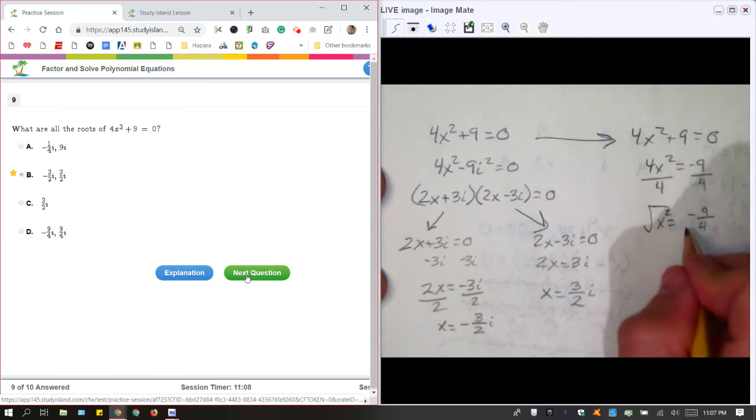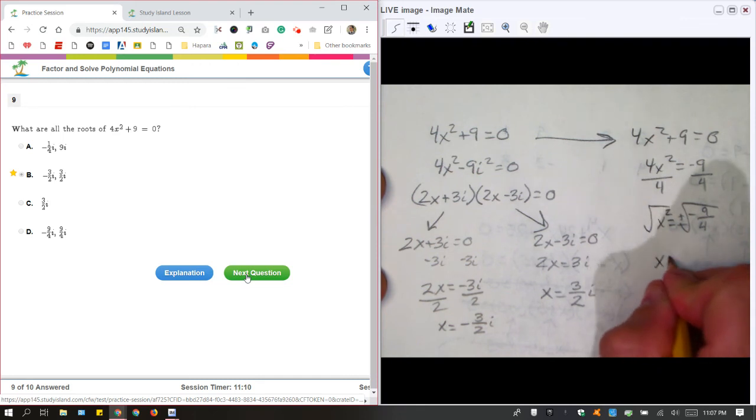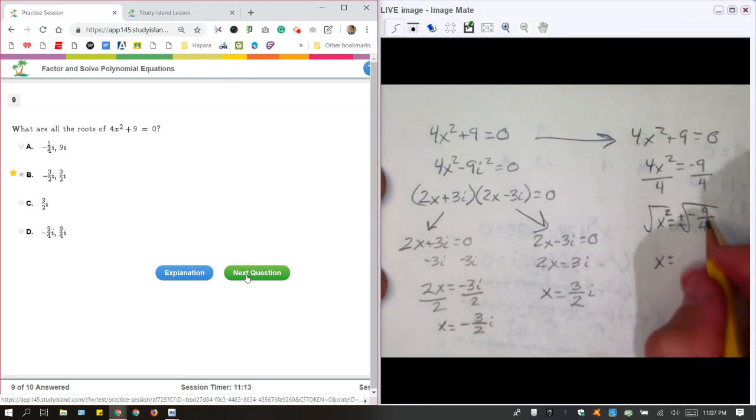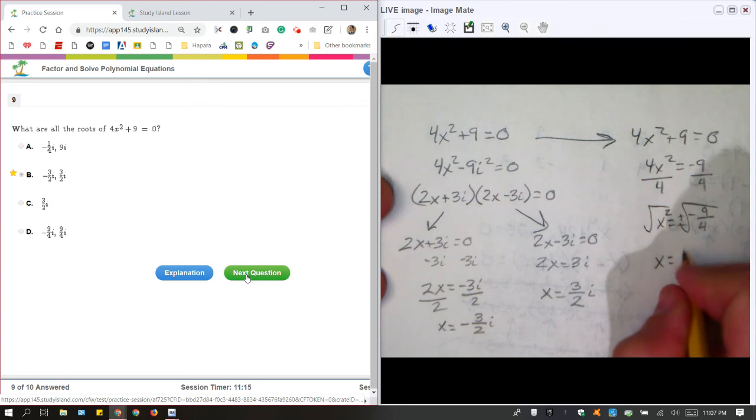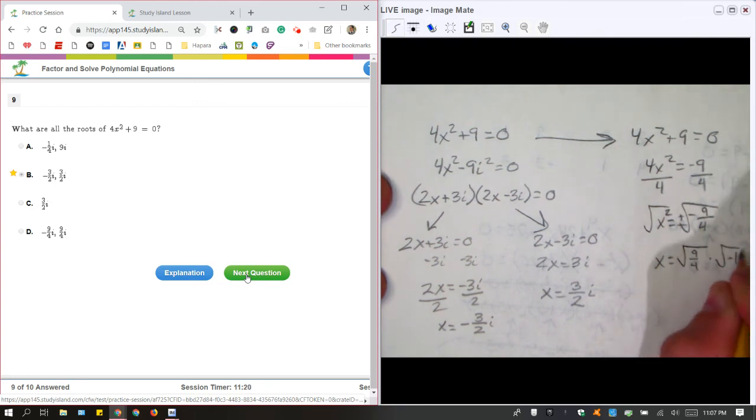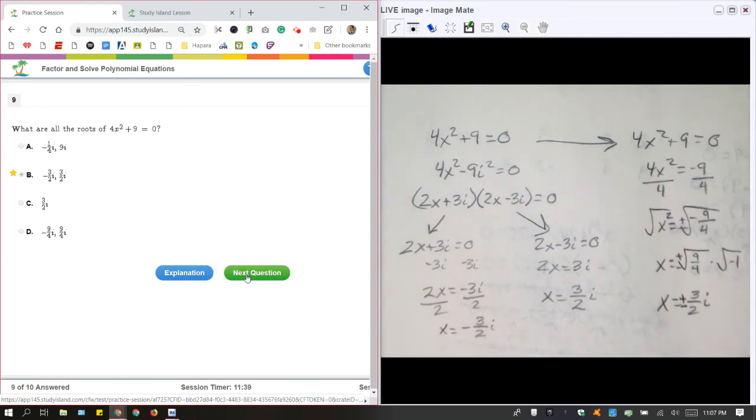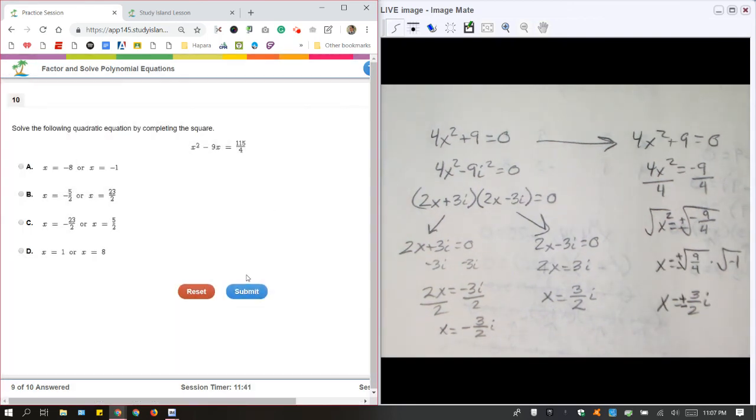Then you take the square root of both sides, so you have x equals the positive or negative version of the square root of negative 9/4, which I would write as the square root of 9/4 times the square root of negative 1. Again we have the positive or negative version. The square root of 9/4 is 3/2, because the square root of 9 is 3 and the square root of 4 is 2. 3/2 times 3/2 is 9/4. So positive or negative 3/2 times the square root of negative 1, which is i, so positive or negative 3/2 times i, same thing. We'll do one more here.